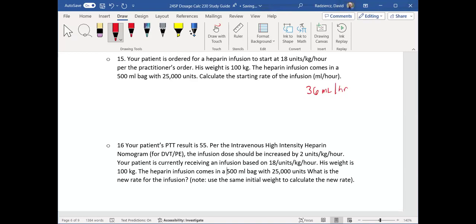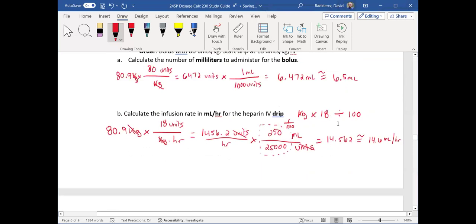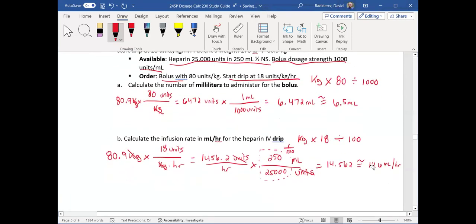Yes, I'll go over how I got the 36 ml, but go ahead and try the number 16 just to see if we get that. But I will go over how we got the 36. I will tell you, I got to 36 the same way I got to 14.6, right? Patient's weight in kilograms times 18.